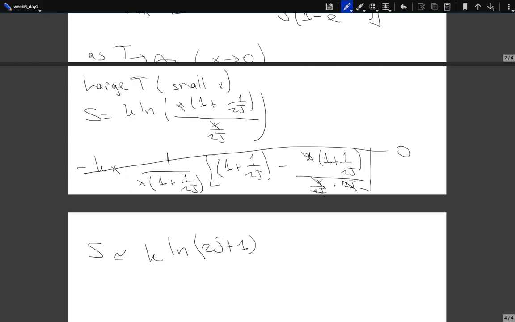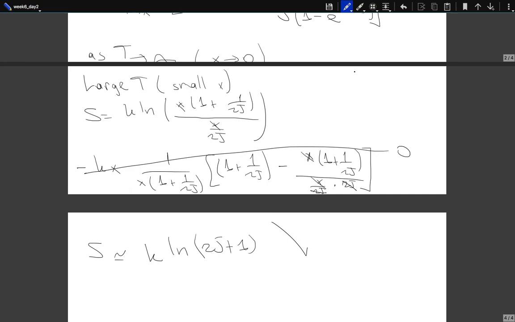At high temperature, the influence of the magnetic field is negligible, so the only thing is the effects of thermal fluctuations, which say that all microstates should be equally probable. So there are 2j plus 1 states the system can be in. If there are 2j plus 1 states, then the entropy is k times logarithm of 2j plus 1. So this is what we expected and what we obtained.